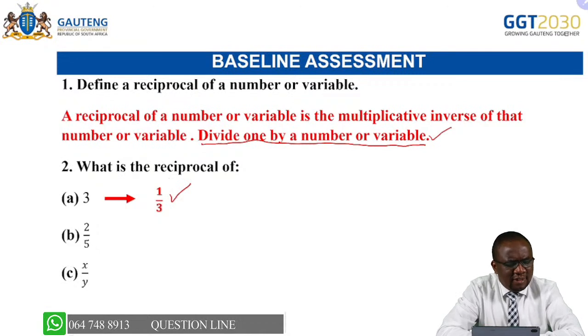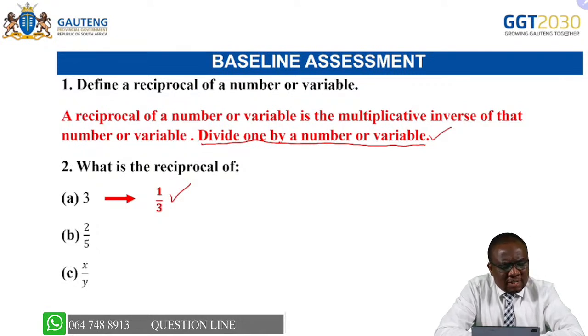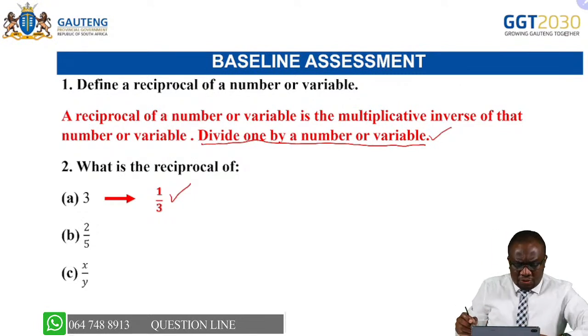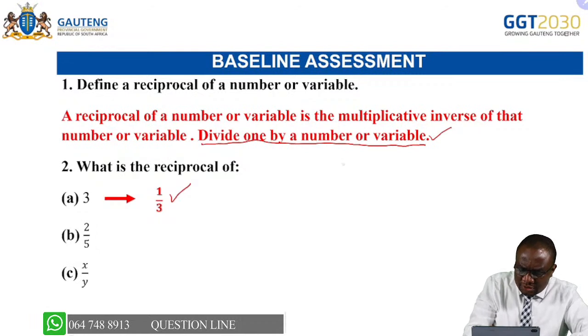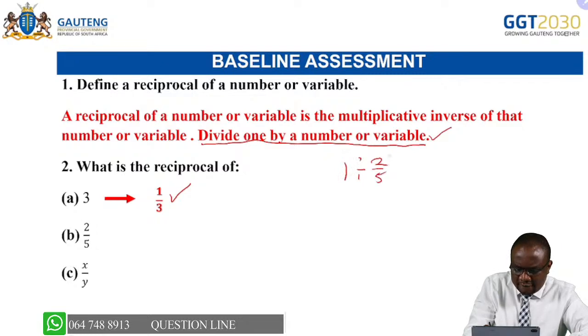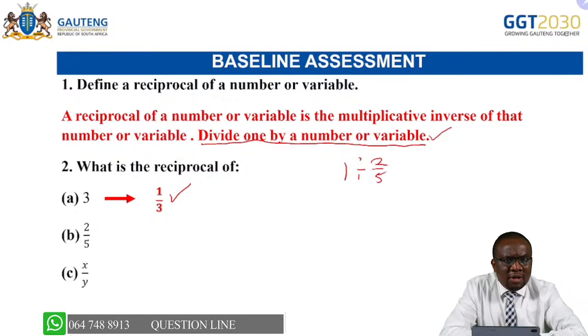What is the reciprocal of 2 over 5? What did you get? Okay, let's do it together. We are going to say 1 divided by 2 over 5. When we are dividing a fraction, what do we do, class?